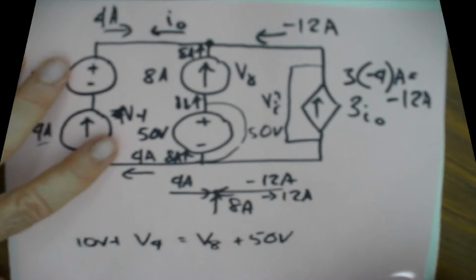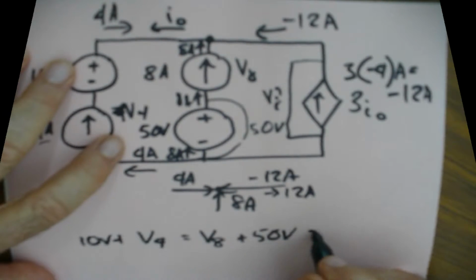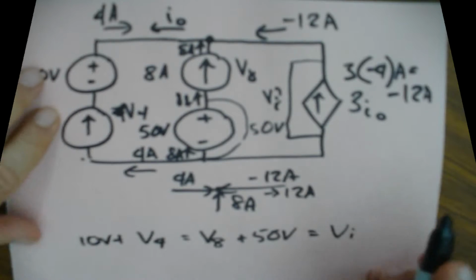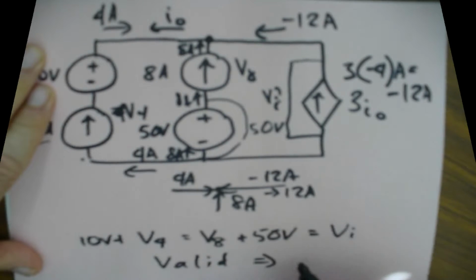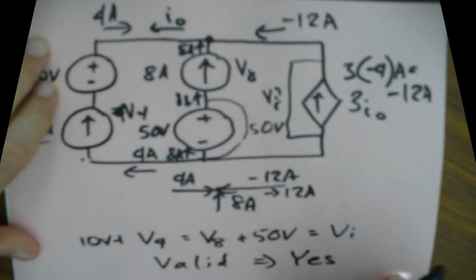They could be anything. And these two are also equal to whatever this is. We're going to call this VI. So this circuit is balanced. Is it valid? Yes. Okay, so everything is good here.